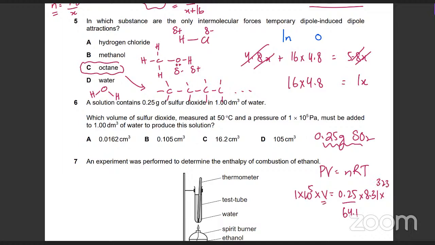So find out V. 1.05 × 10^-4. And what will be the unit? Meter cube, cm cube, dm cube, what?